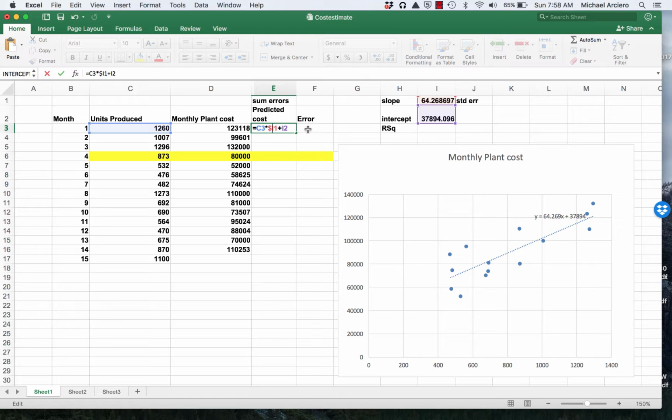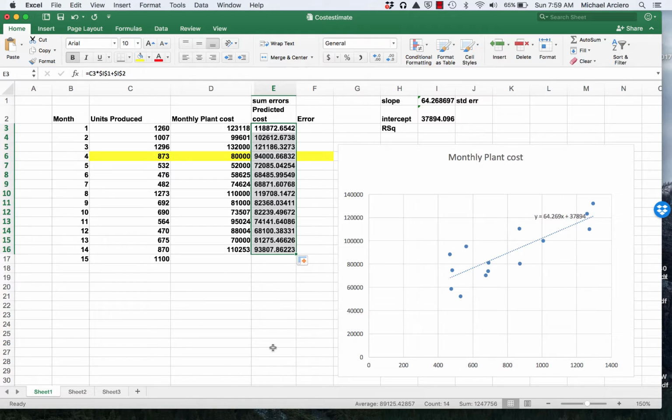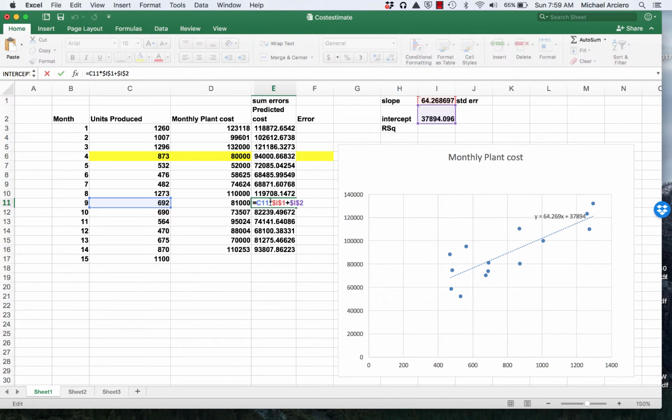If you've only got one value that you're going to access, sometimes it's a good idea just to lock the row and the column. All right. But we don't need to do both. I'm going to do both here. Okay, so now when we drag that down, we're going to get the correct referencing, and you can click on a random cell and see that you are accessing the right values.